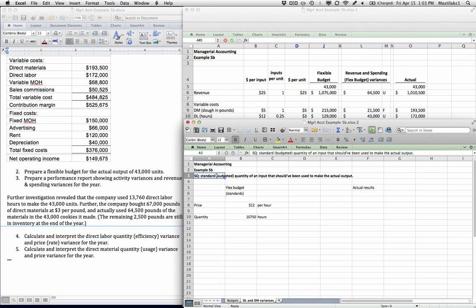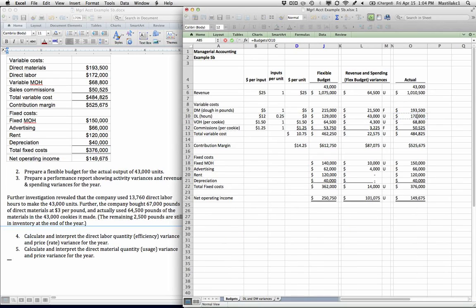That's what SQ stands for. It's a really important concept. You've got to get that. We put those two things together: $12 an hour times 10,750 hours, $129,000.